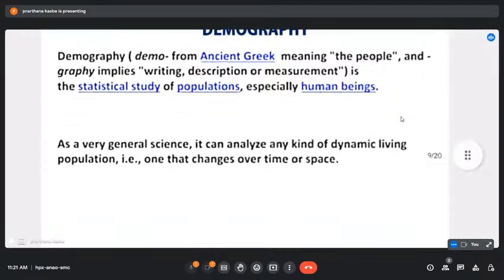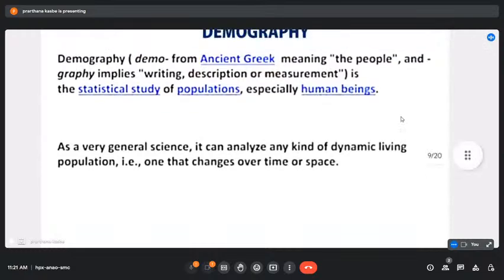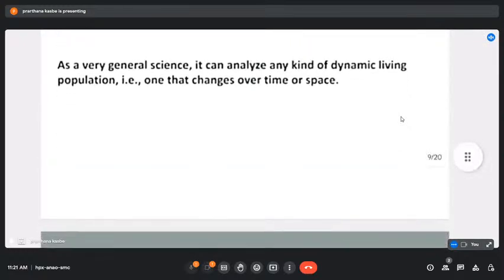As a very general science, it can analyze any kind of dynamic living population, for example, one that changes over time or space. So we can know that demography means the statistical study of population.